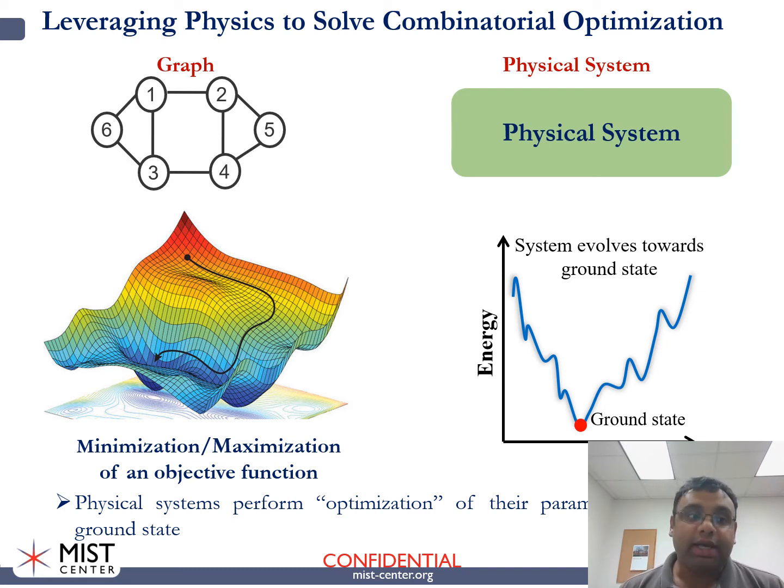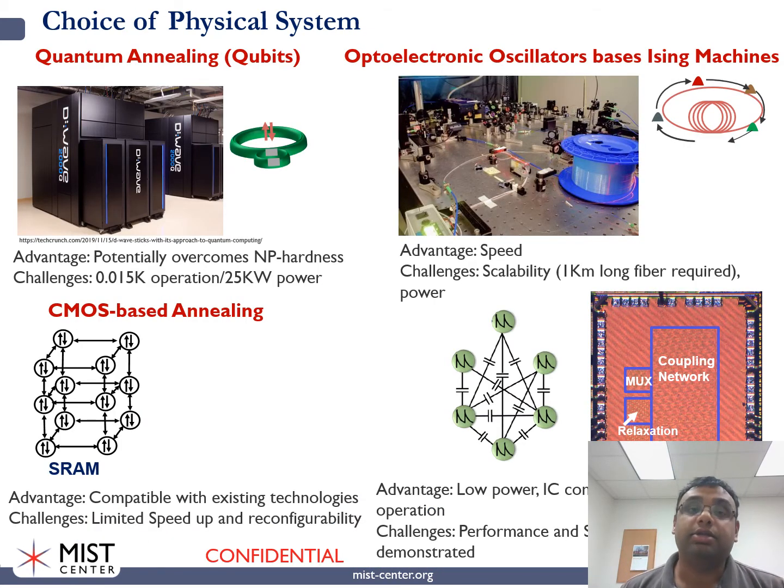This idea of allowing the physics of the system to do the computation is something that we have explored in my group. Now, of course, this idea in itself is not unique to us.